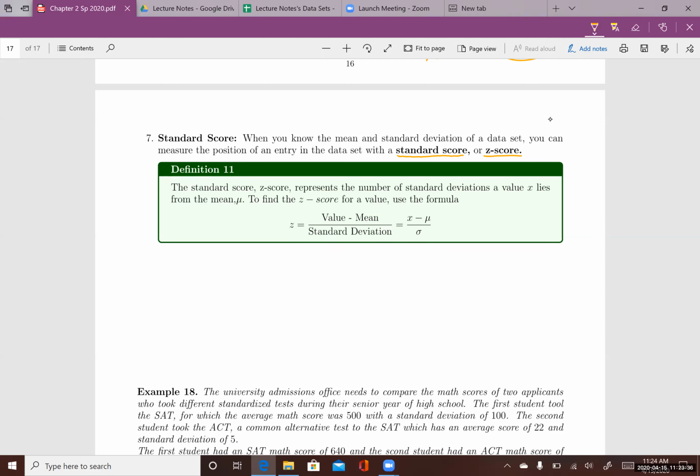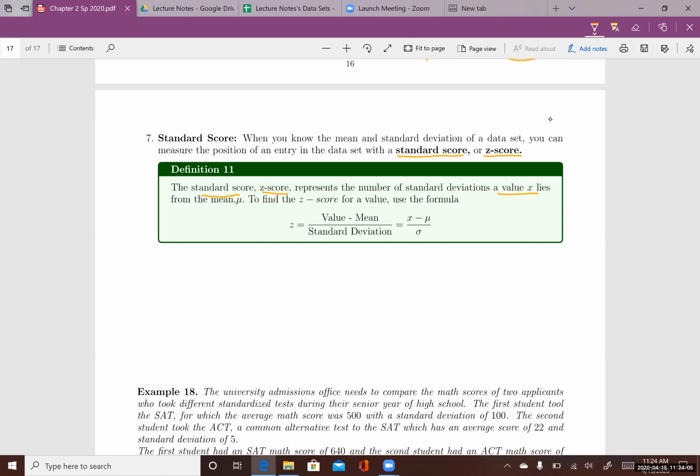Okay, so the standard score, or z-score, represents the number of standard deviations a value x lies from the mean mu. It can be a whole number, a fraction, or a decimal number of standard deviations that the value lies away from the mean.